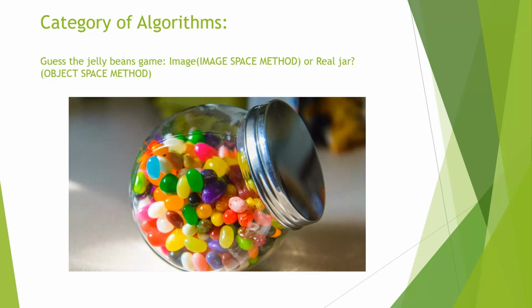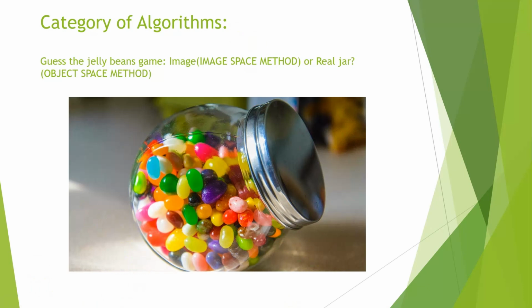Imagine you are playing this game by using an image of the jelly bean jar, where you have to guess how many total jelly beans are there in the jar. If you are guessing the jelly beans by taking reference from an image of jelly beans, then you are using the image space method for guessing.